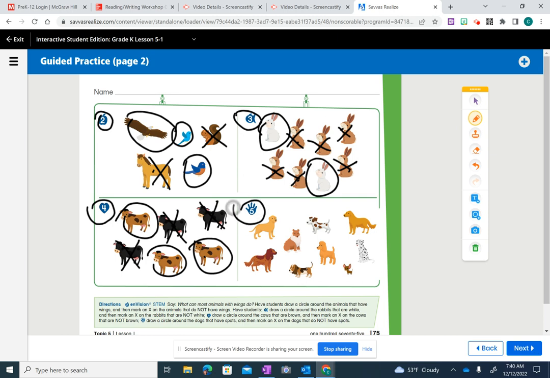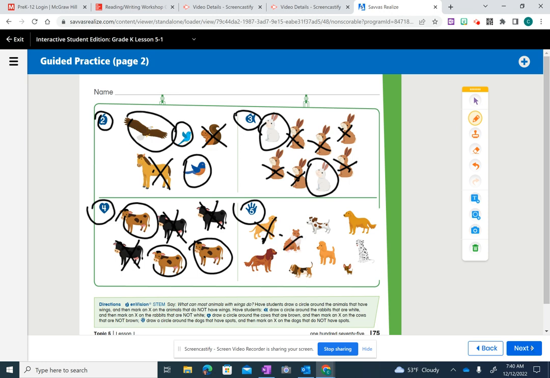Now let's move over to the dogs. It says here to draw a circle around the dogs that have spots, and then mark an X on the dogs that do not have spots. Oh, this first dog looks like Sammy, and Sammy does not have spots. So we're going to X him out.